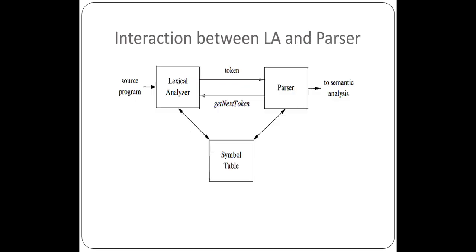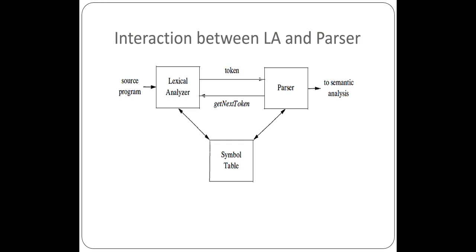And then you have a diagram. In this particular diagram we could learn about the interaction that happens between the lexical analyzer and the parser. In this diagram you have a source program, a lexical analyzer, a parser, and a symbol table. It's very simple.